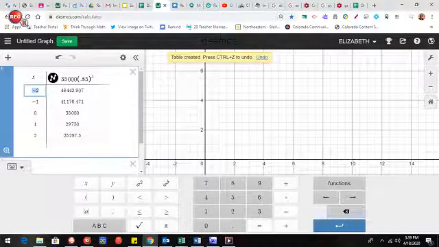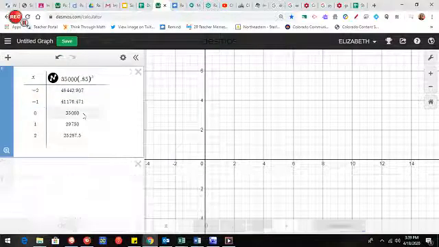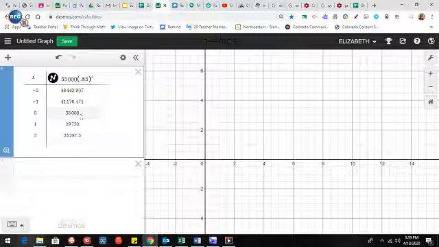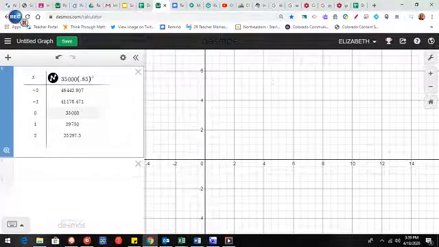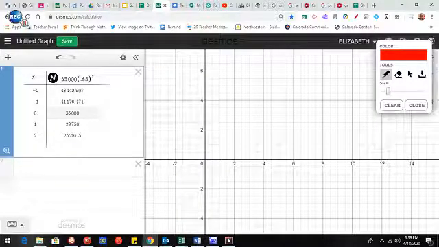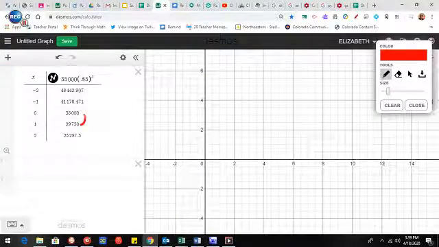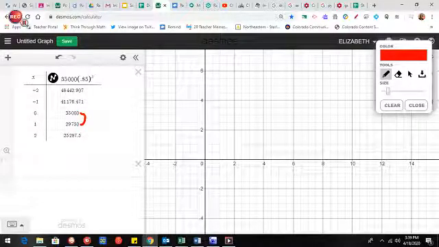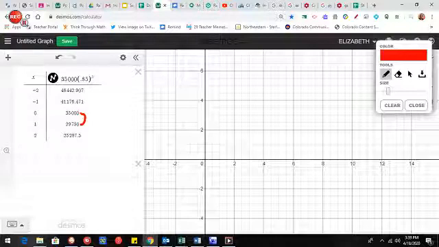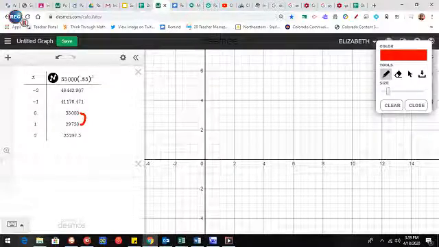Now I'm really not interested in negative values here because I'm talking about time. So here's the year that it was purchased. It was worth $35,000. 0.85 comes from dividing the new by the old. So 29,750 divided by 35,000 would give me 0.85. Or multiplying 35,000 times 0.85 would give me 29,750.